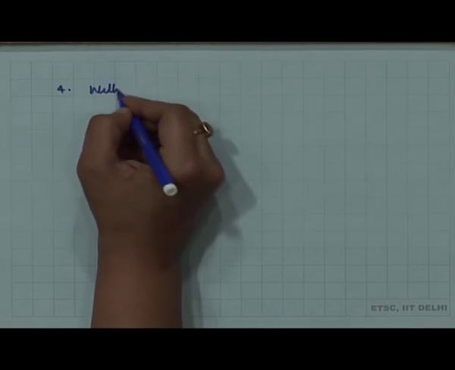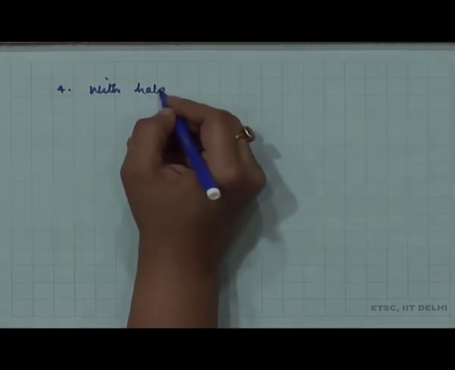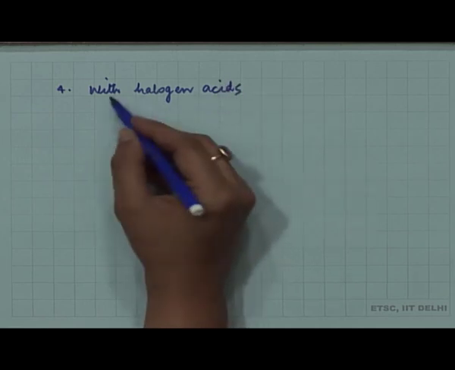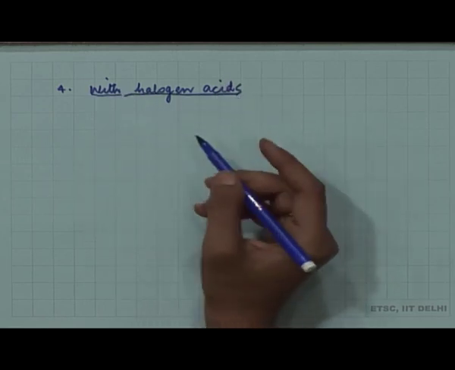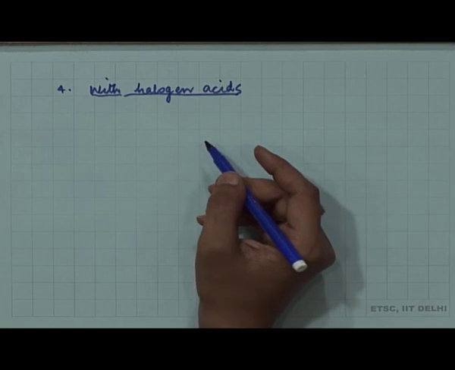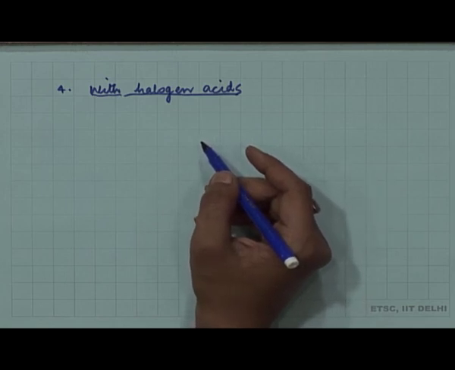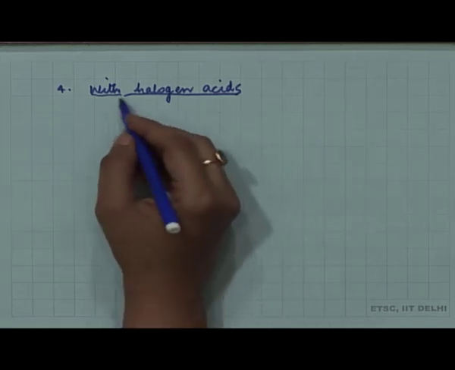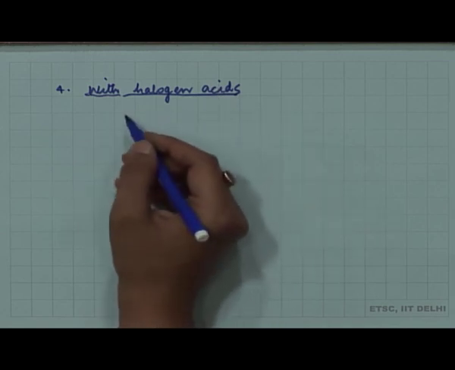With halogen acids, this also we have done previously for monohydric alcohols, but there is a slight difference. If you recollect, with halogen acids we talked about treating it with HCl, HI, HBr, and I was telling you how with HCl we have the Lucas test, how that is going to precipitate out and tell you whether it is a primary, secondary or a tertiary alcohol.